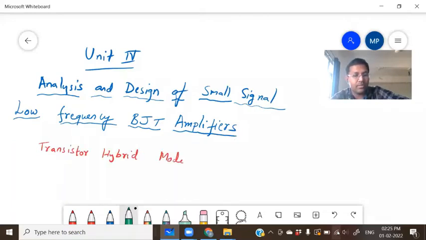So directly we will start with the transistor hybrid model. First, what we will do in this unit is we will analyze BJT amplifiers. We will not consider the high frequency, what happens at high frequency. That is the reason the title says low frequency. Then we will give small signal.